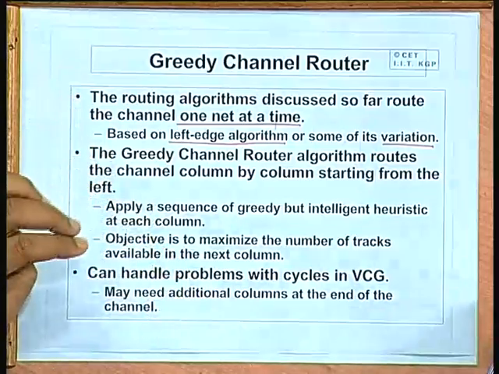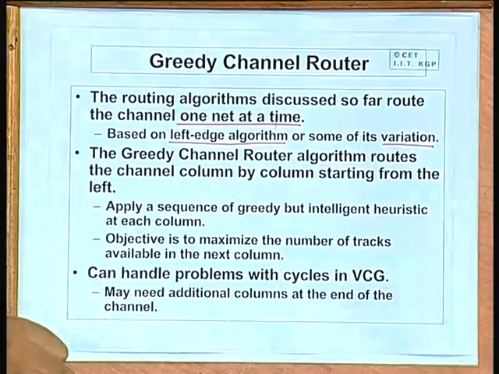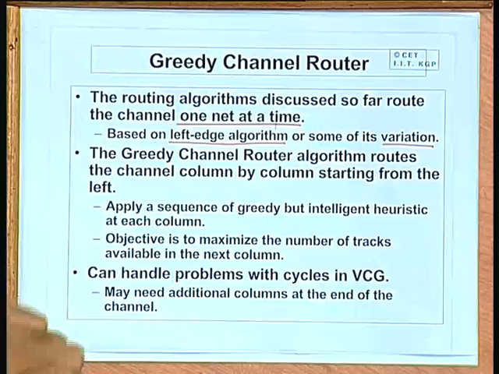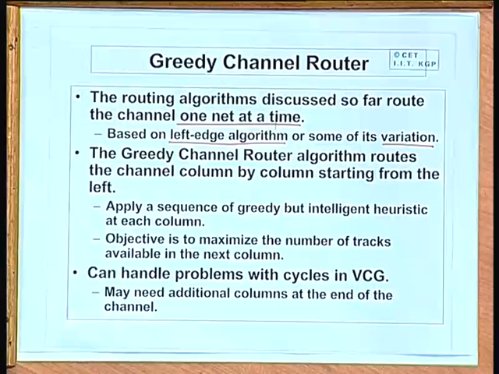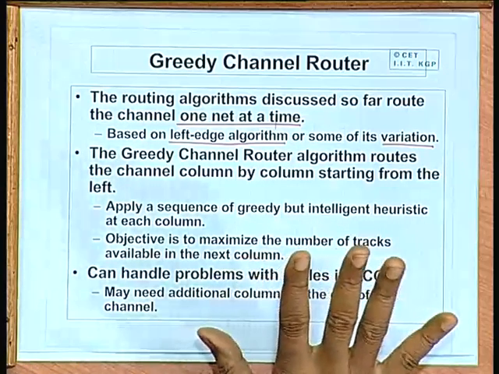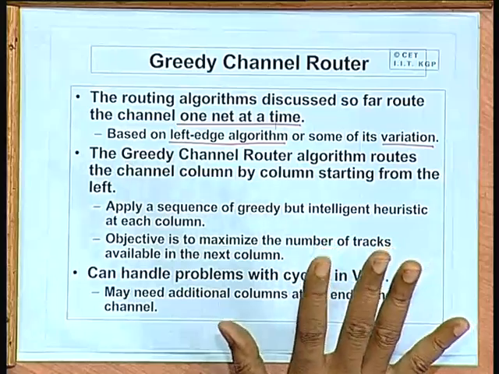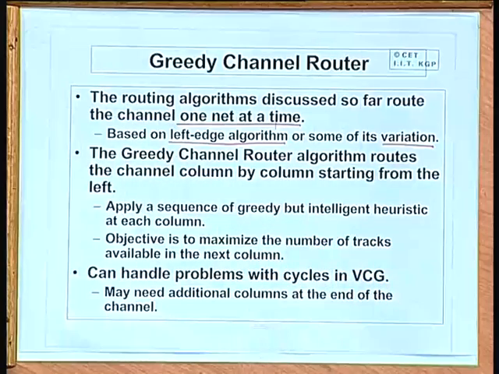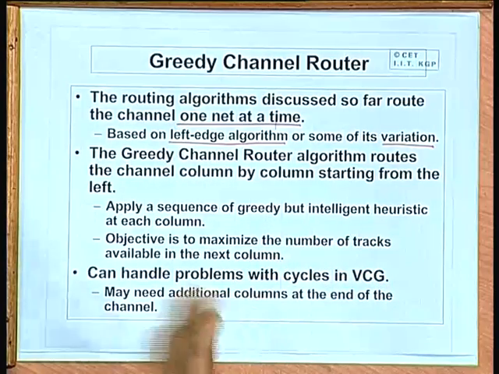But in contrast, the greedy channel router that we will be considering now does not look at the problem globally; it looks at the local subproblem and makes some greedy decisions so as to try and make an optimum decision at the current column position.